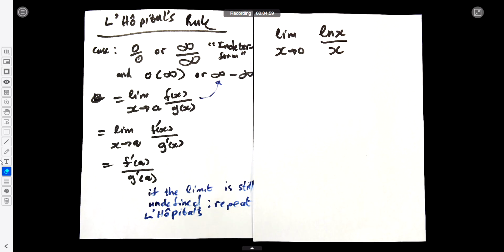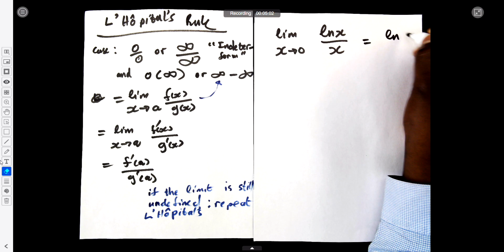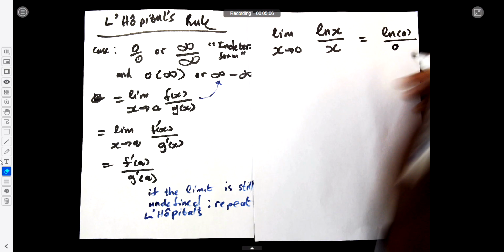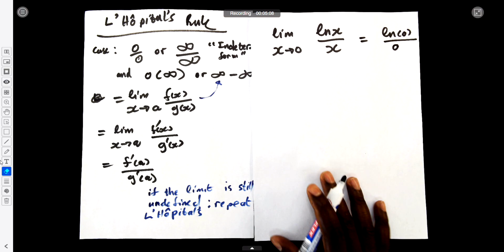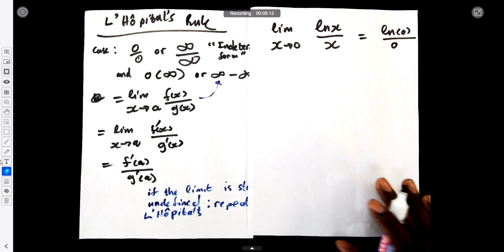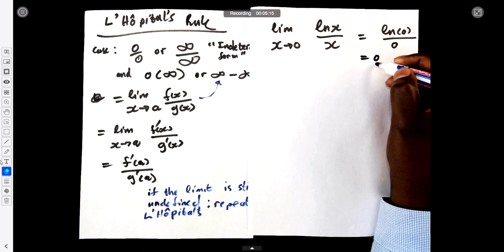Okay, so do direct substitution and tell me what you're getting. ln 0 over 0. ln 0 is equal to what? It says error, right?